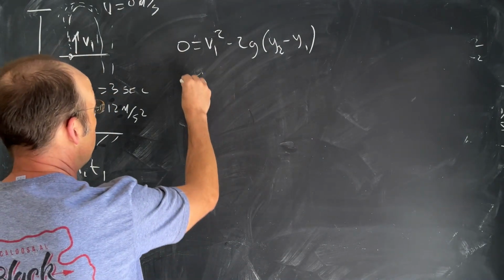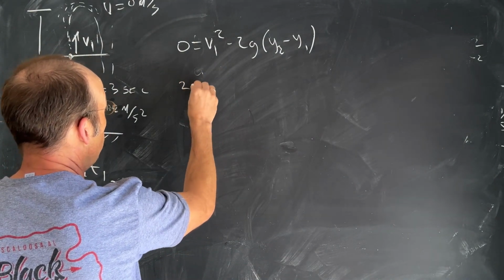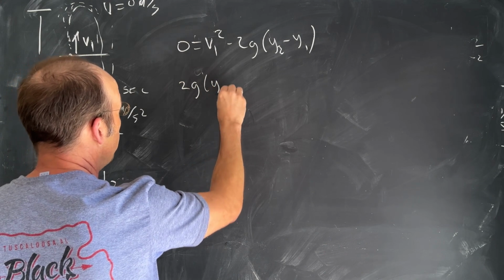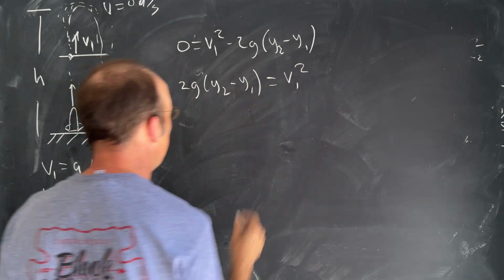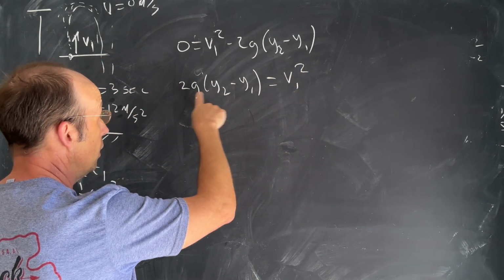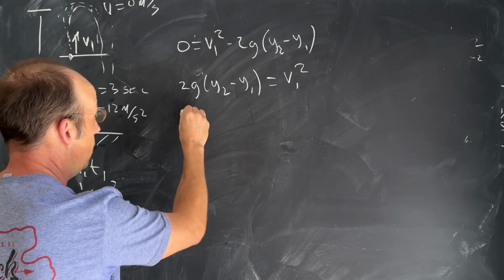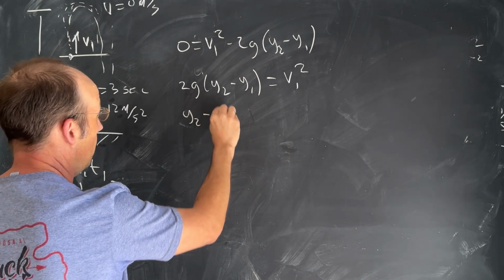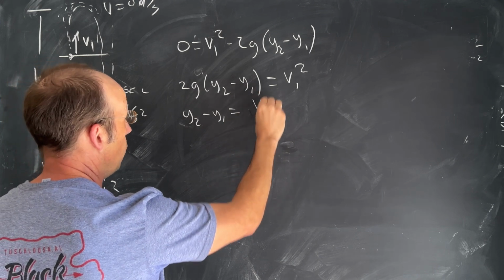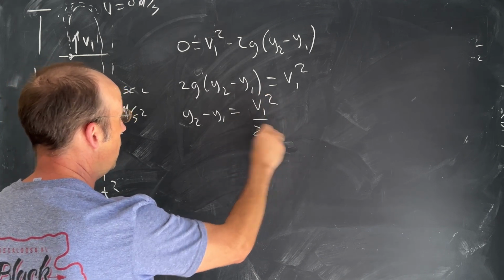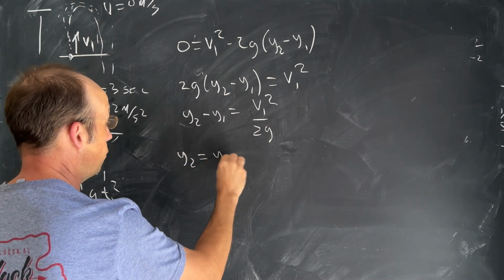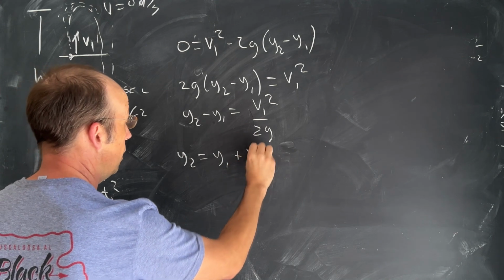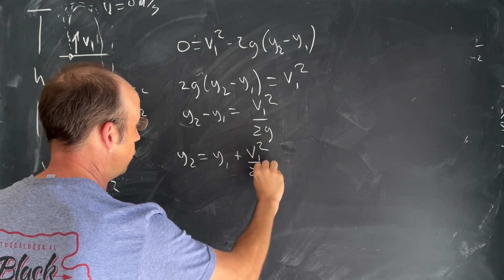So 2g times (y2 minus y1) equals v1 squared. I'm trying to solve for y2, so I divide both sides by 2g. y2 minus y1 is v1 squared over 2g. Adding y1 to both sides, y2 is y1 plus v1 squared over 2g.